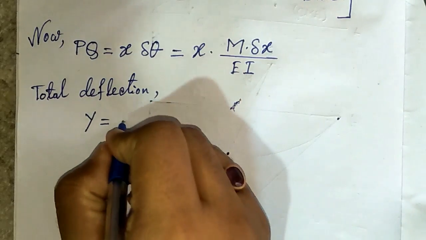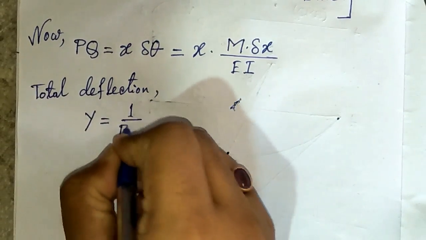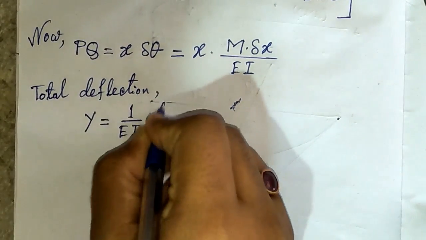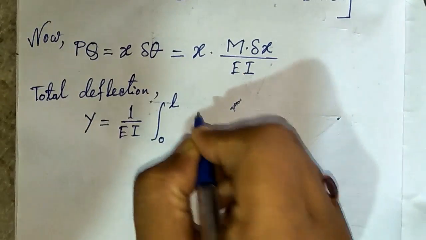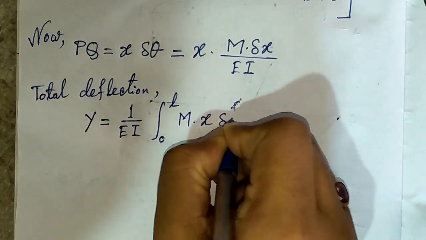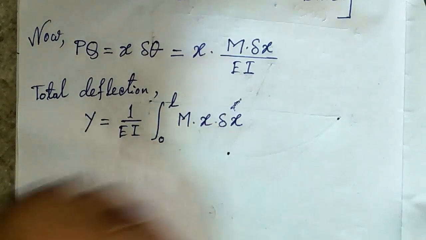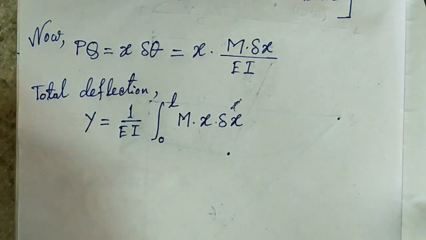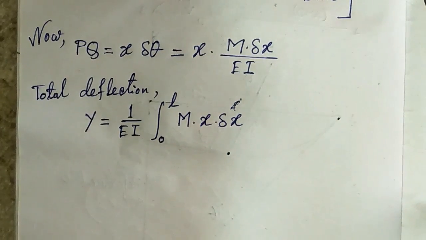EI is the constant that will come out of the integration, that is, integral from 0 to L of M dx times x. This is the value of the integration.